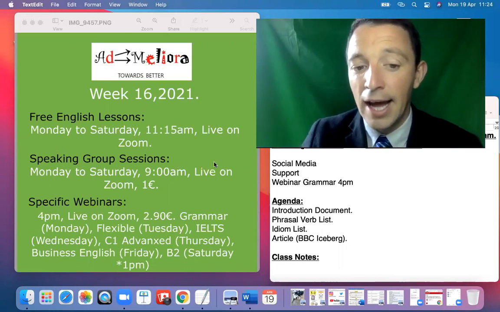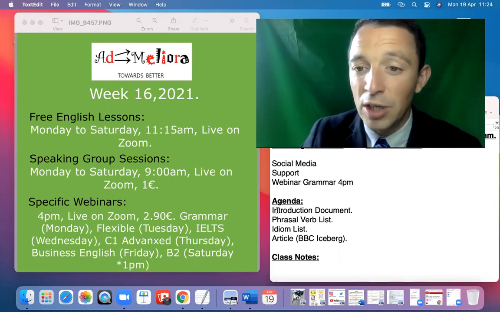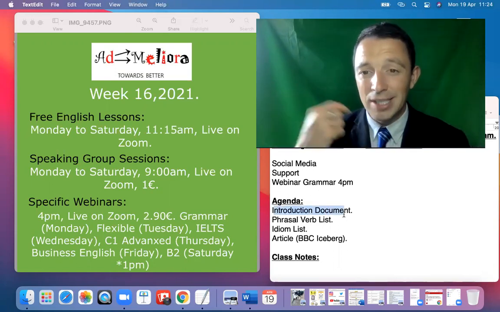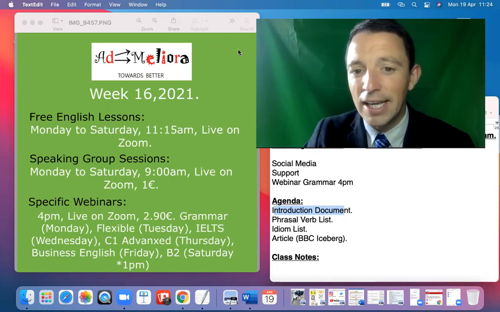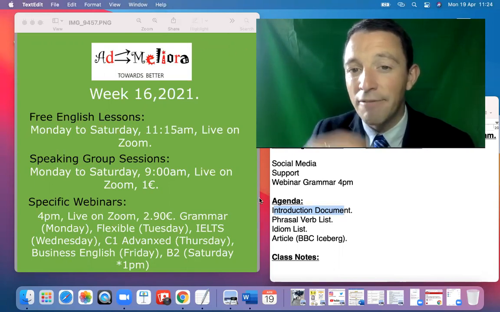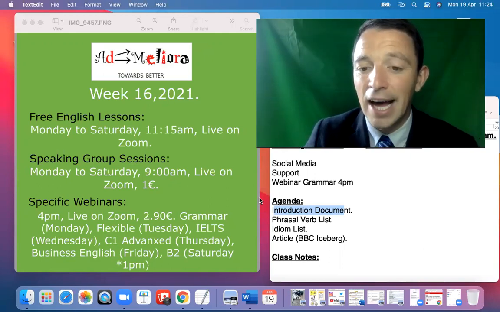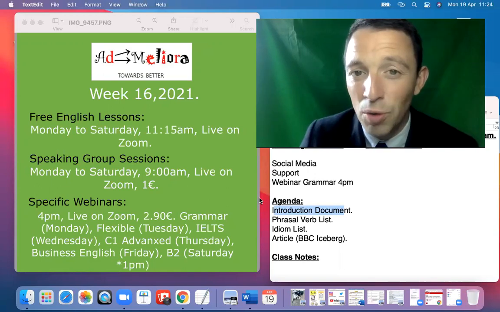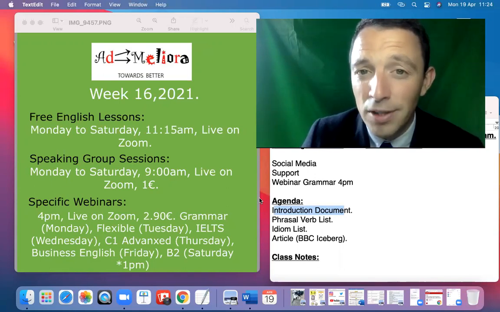So we continue. And here you can see the agenda. So we continue with the introduction document first to explain the key terms of English. And after the introduction, we will continue with maybe a phrasal verb list and also the idioms list. So very good for vocabulary, very good for expressions, very fluent expressions.